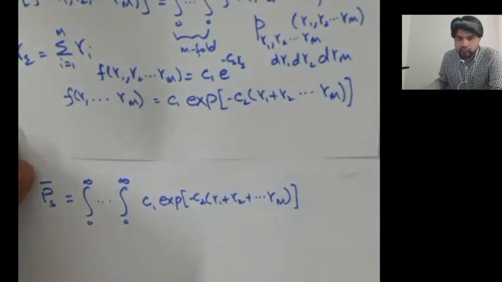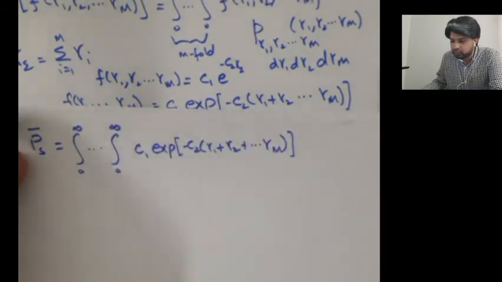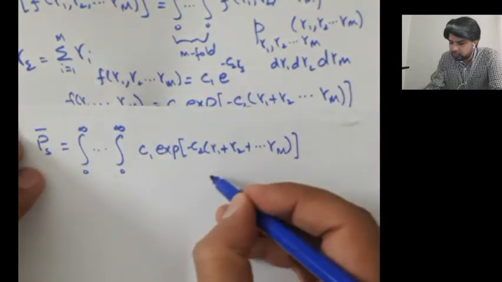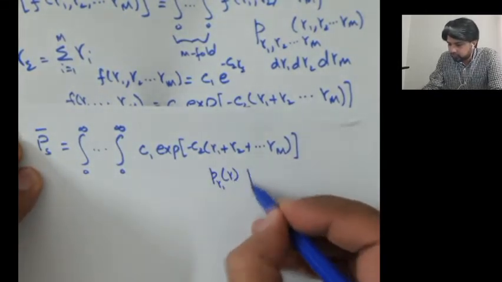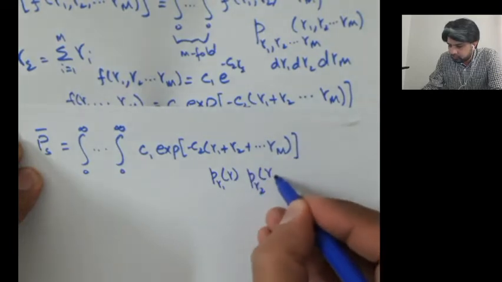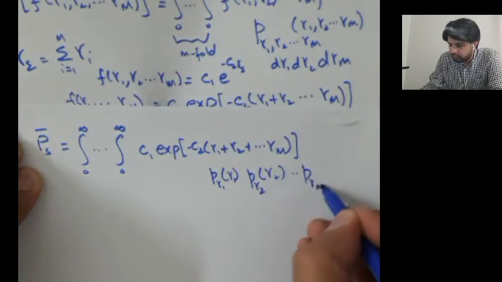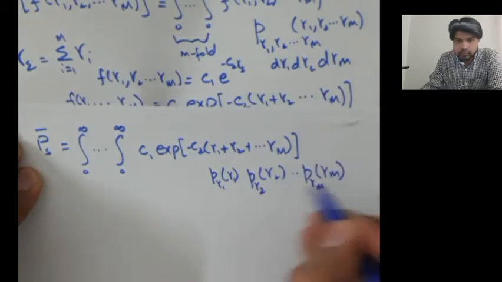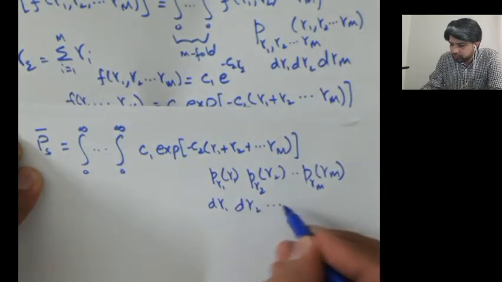And as we saw, this joint distribution would be the product of the marginal distributions. So let me write it as p gamma 1 of gamma 1, p gamma 2 of gamma 2, p gamma M of gamma M, d gamma 1, d gamma 2, d gamma M.